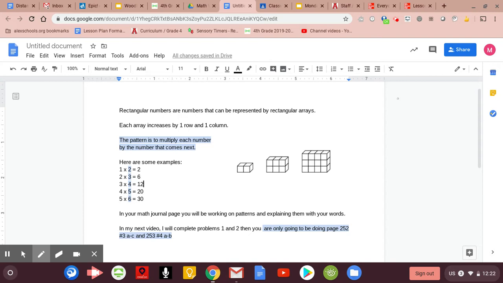On my screen here, we're going to talk about rectangular numbers and the pattern that we use here. And then in my next video, I will complete problems 1 and 2 on your first page, 252. Then pay close attention to this video, because you only need to complete number 3, A through C, and then on the next page, number 4, A through B. So make sure you pay close attention, because you are only expected to complete some of the pages, not the whole page.